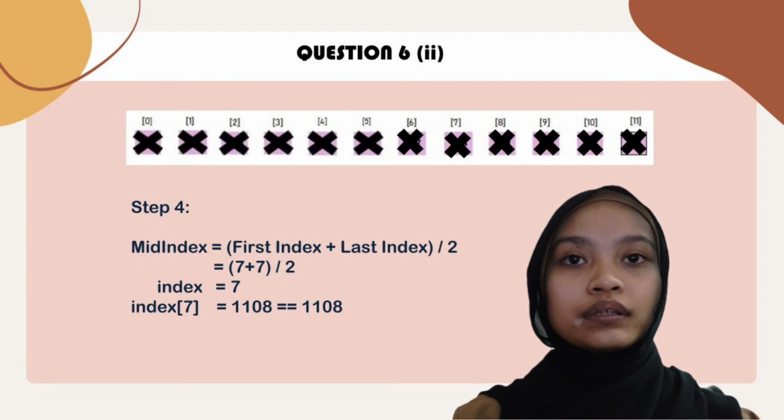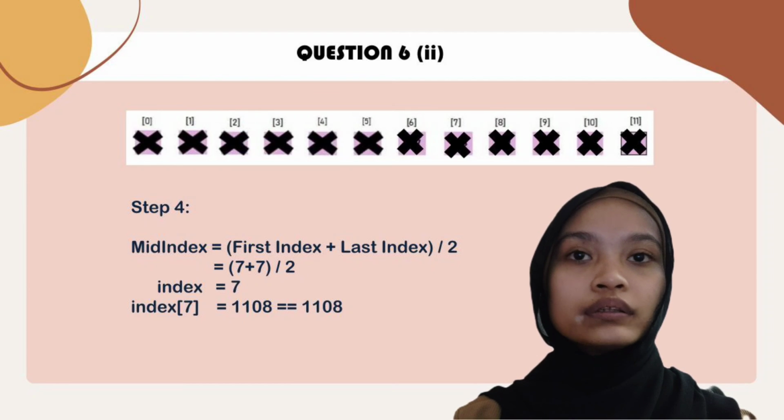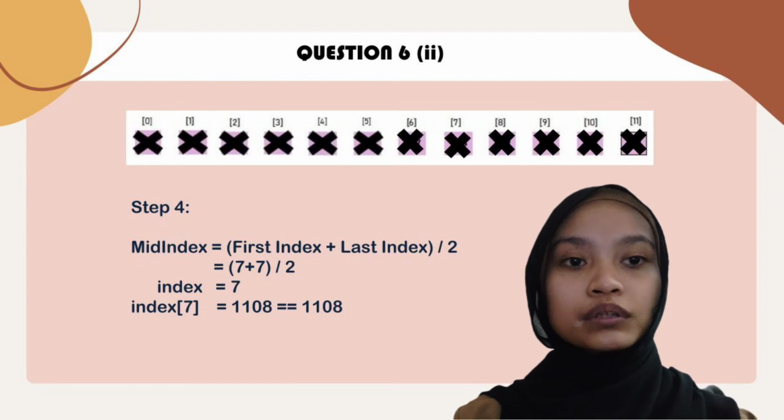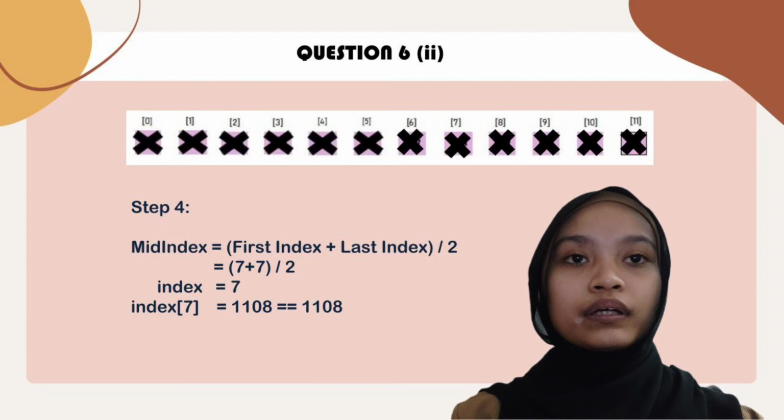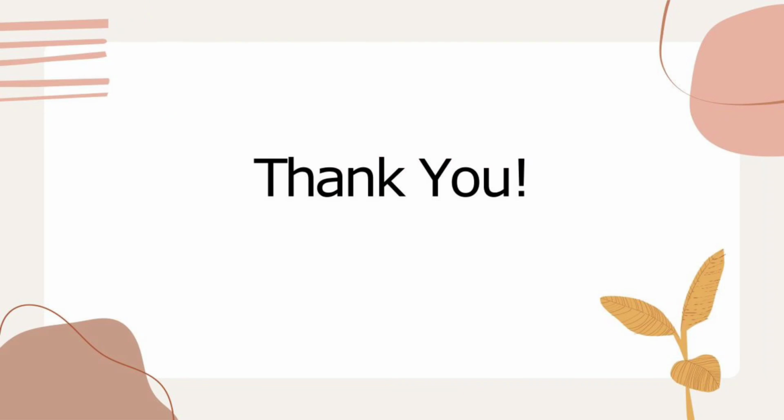The index is 7. 7 shows at the 7th index, which is 1108. And the answer at the end was to return 2. That's all from us. Thank you.